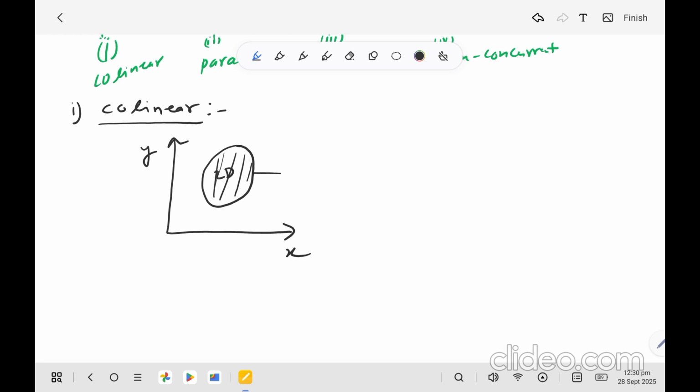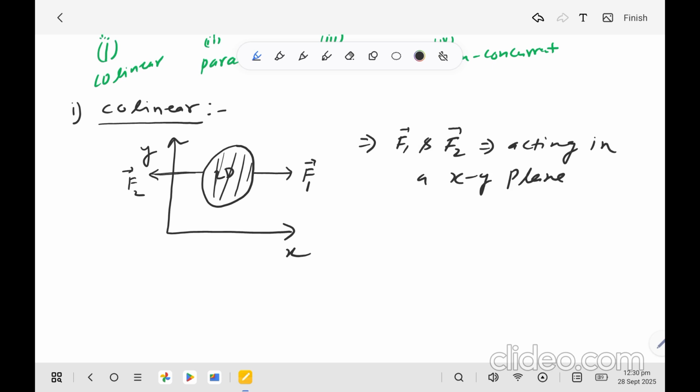Let's say one force is acting in this direction and another force is acting in this direction. So now we can say that F1 and F2, two forces, are acting on the object in an xy plane. So this is the 2D plane. The forces are coplanar because both forces lie in a given xy plane.